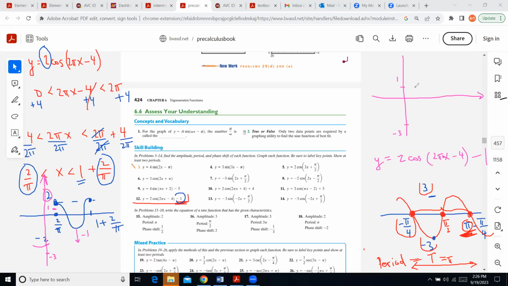So the cosine, we hang it somehow like that. And the key points will be starting at pi over 2, sorry, 2 over pi. Why not pi over 2? It doesn't matter. It could be anything.